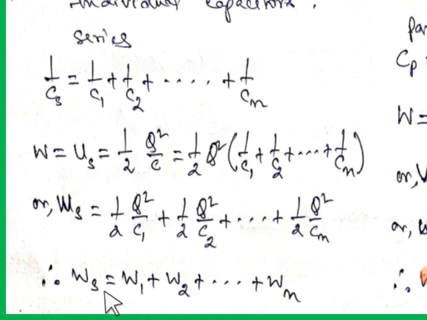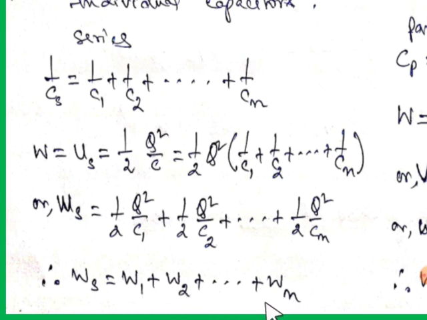So the work done or potential energy stored in the series combination is equal to the sum of the potential energy stored in the individual capacitors C1, C2, C3, up to Cn.